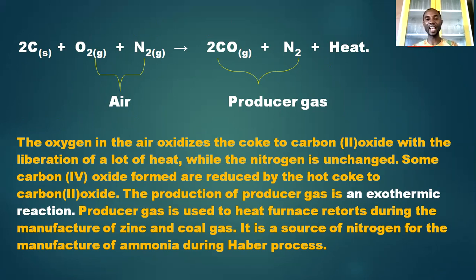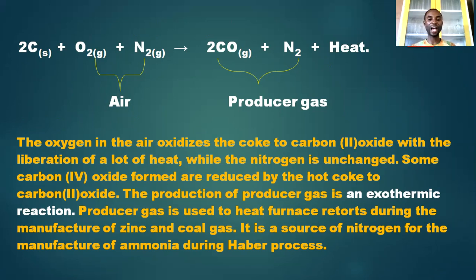The oxygen in the air oxidizes the coke to carbon dioxide, of course, with the liberation of a lot of heat. You can see heat liberated there, while the nitrogen is unchanged. You can see nitrogen in the air is still unchanged in the product.